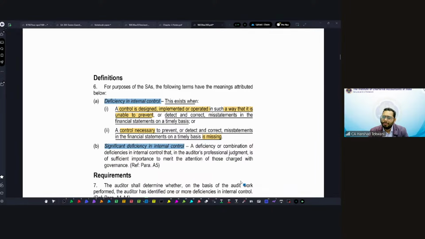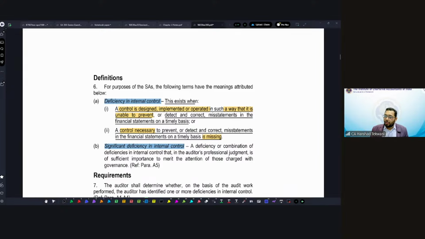That was the only observation or deficiency you identified in the internal control of the three-way match. Will you report that to the audit committee? Will you go and schedule a meeting with the audit committee to discuss this point? No, it's not significant.